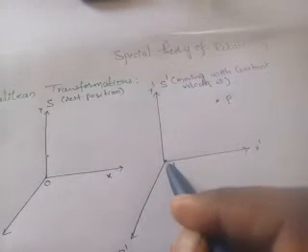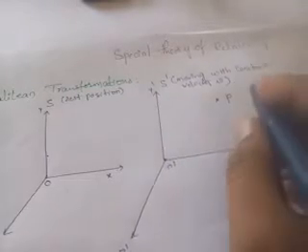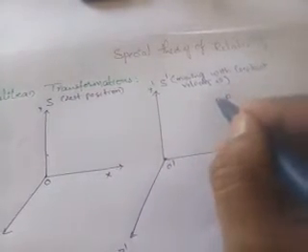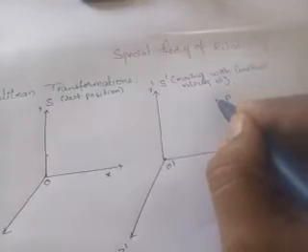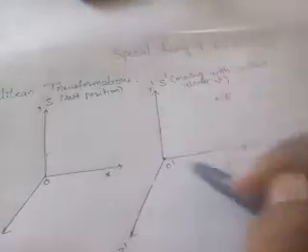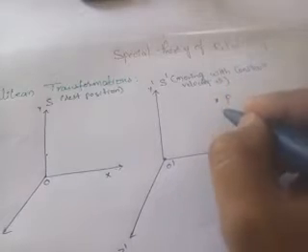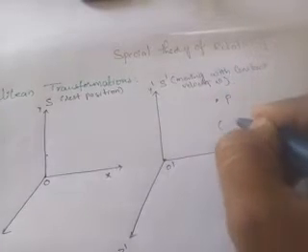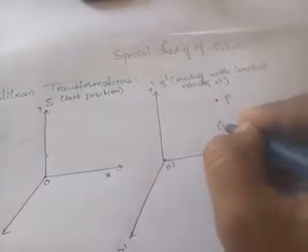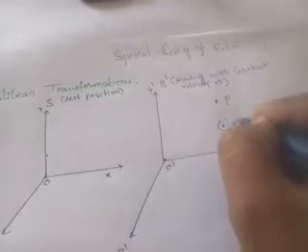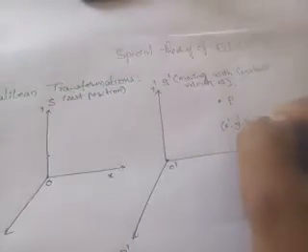Now if you want to describe this event with respect to S dash, we need four coordinates. We want to describe this event at point P with respect to S dash frame. What are the coordinates here? x dash, y dash, z dash and t dash.